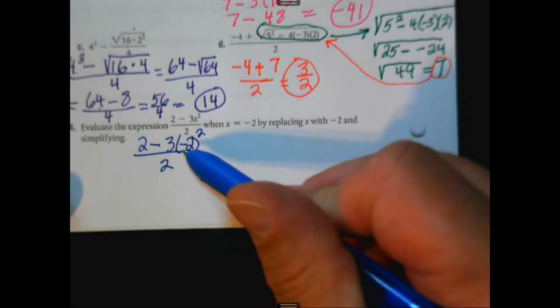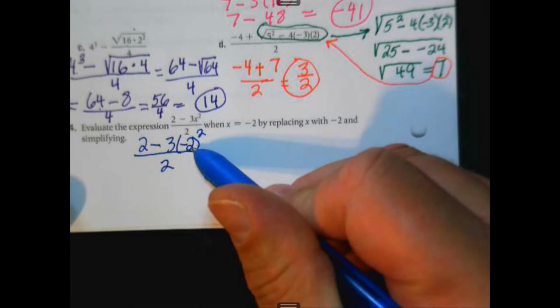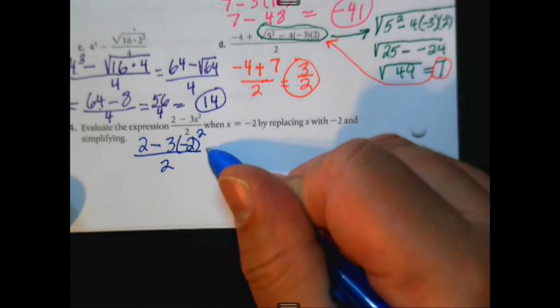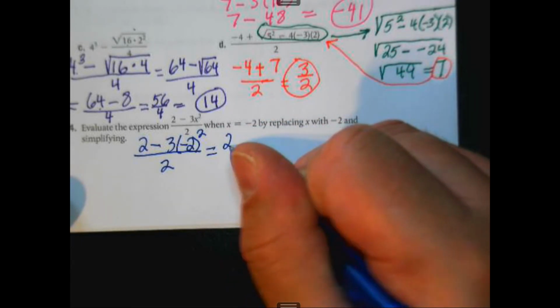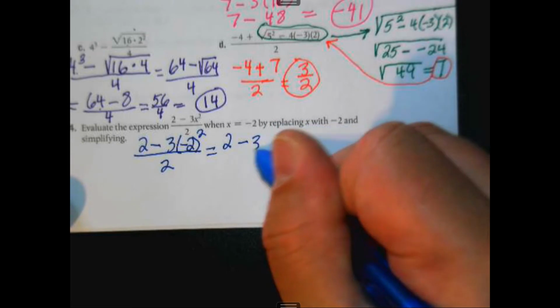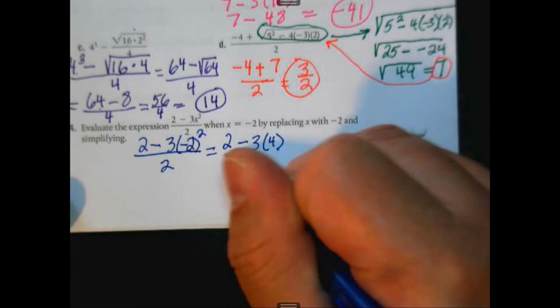I have no parentheses, or I do, but it's already done. It's negative 1 times 2 is negative 2. I'm going to take negative 2 squared, that's exponents next. So 2 minus 3, negative 2 squared, 4.